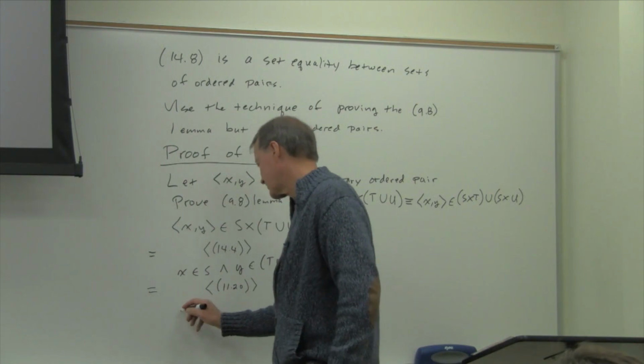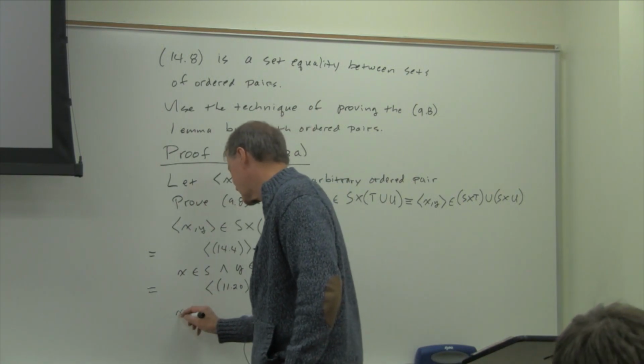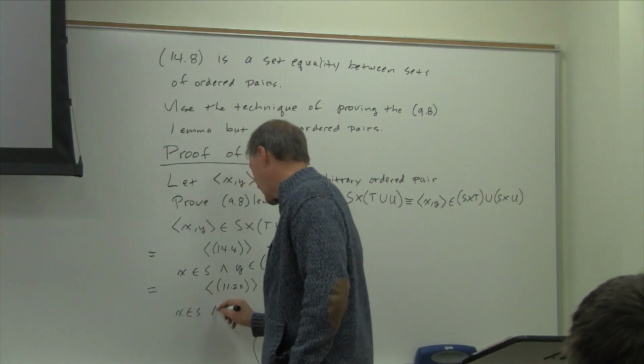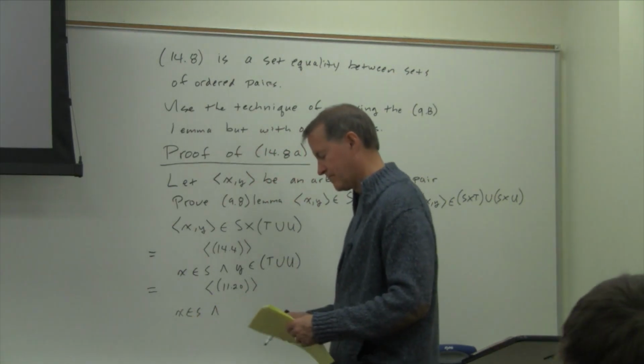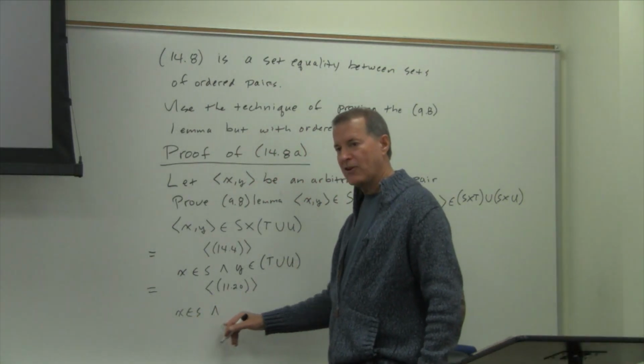So what do we have here? x is an element of S, and y is an element of T or y is an element of U. But now we have an and with an or.